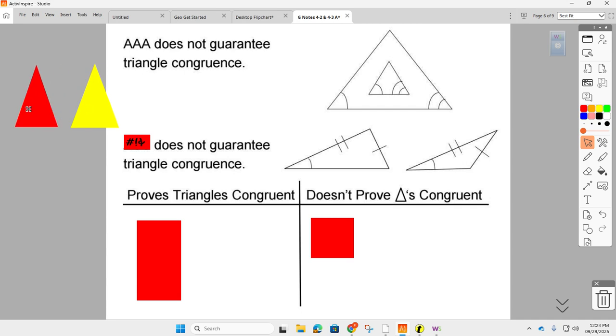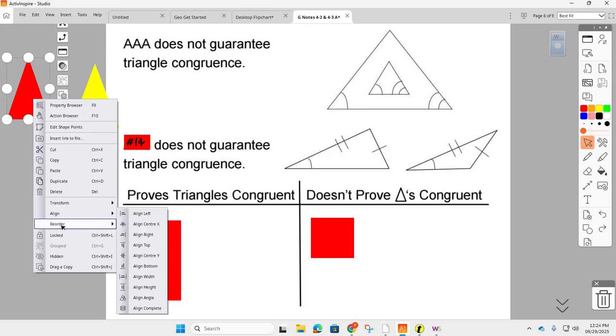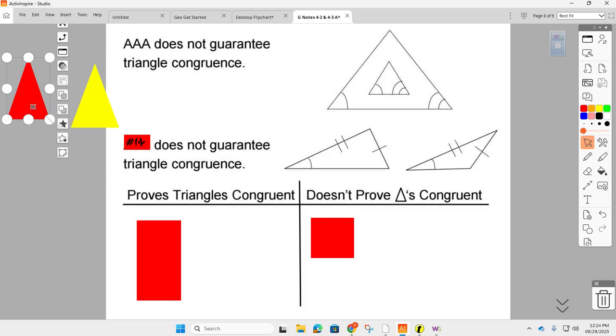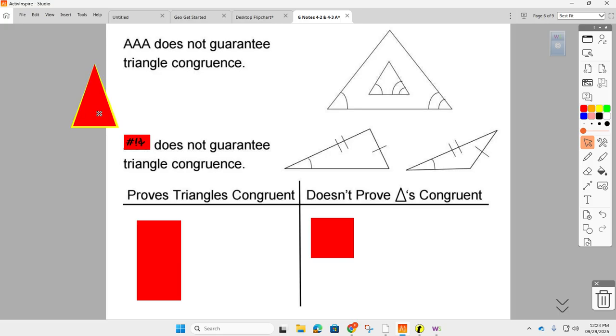So these two triangles are congruent. All three angles are congruent, and the side lengths are all congruent. We're going to leave it just that little bit off just so you can see the change, okay? So if they're congruent, all three angles are congruent.